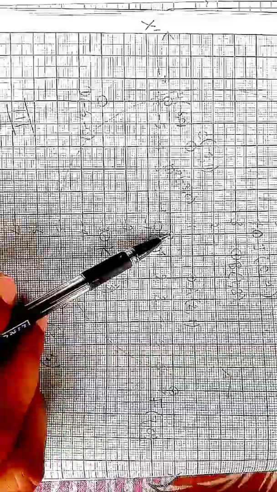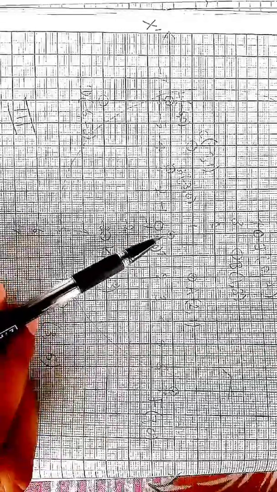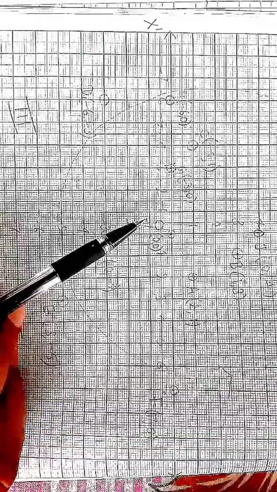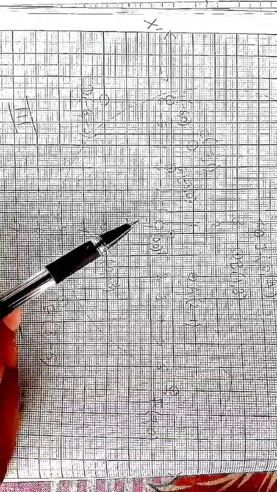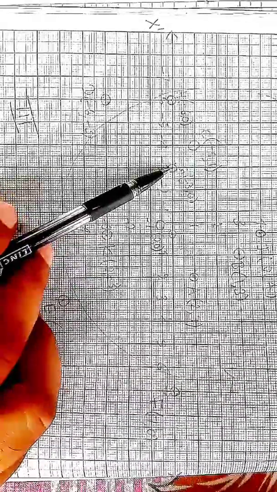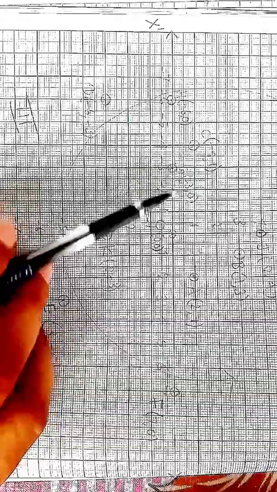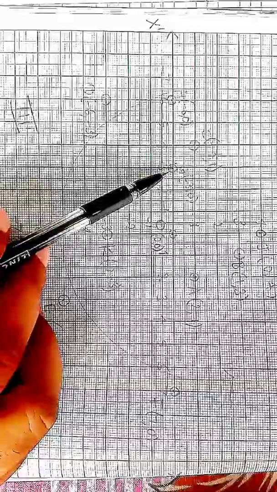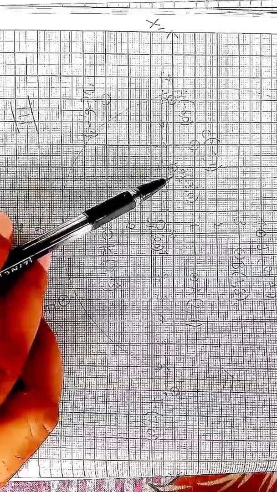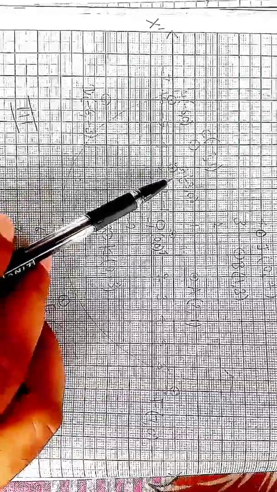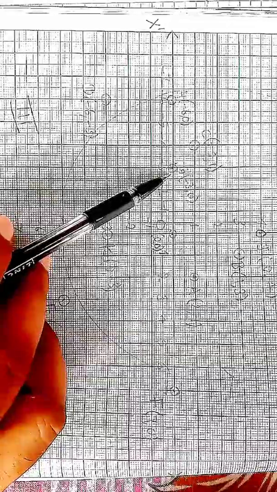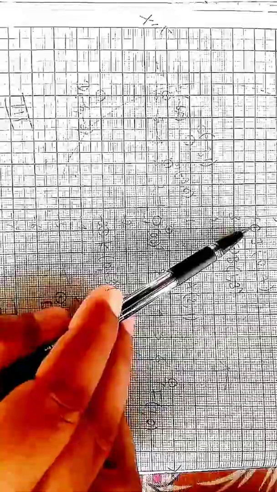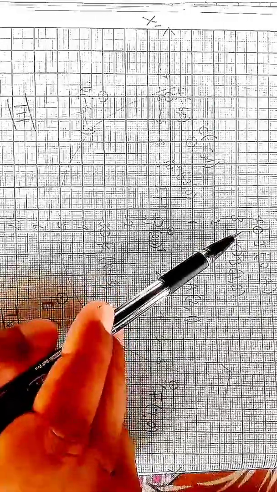We may take the origin, which has coordinates 0 comma 0, because it is at the distance of 0 unit from both the axes. Now this point has distance minus 3 unit from y-axis, so its x coordinate is minus 3, and it lies on x-axis, so its y coordinate is 0. We may take another point like this point. This is j.